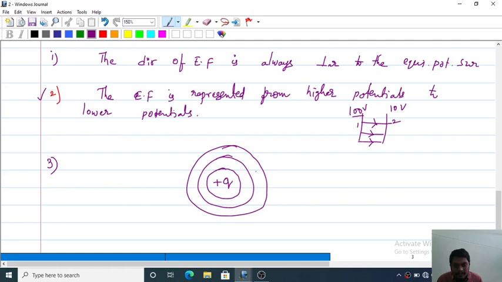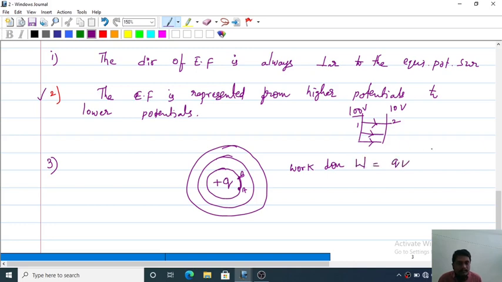Okay, right, these are the equipotential surfaces. For example, I want to move another point charge from point A to point B on the equipotential surface. What is the work done? So I want to know the work done, W is equal to what?